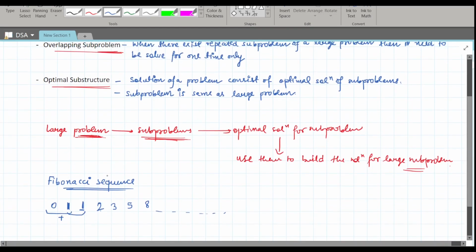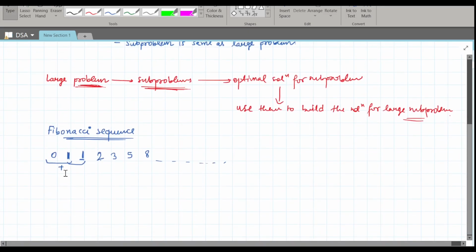How will you solve this problem? One way is the recursive way. Let's say we want to find the fifth number in the Fibonacci sequence. We recursively call fib of 5 minus 1, which is 4, and fib of 5 minus 2, which is 3, since it is the sum of the previous two numbers.